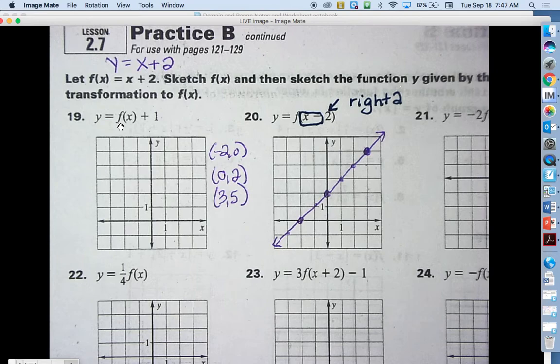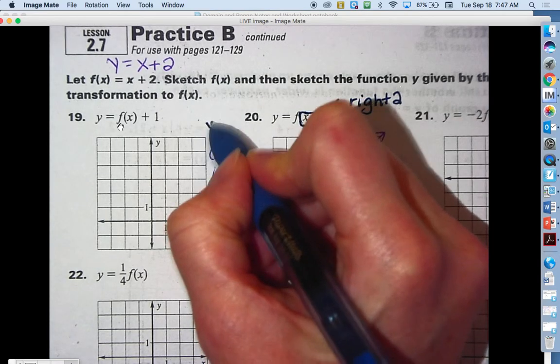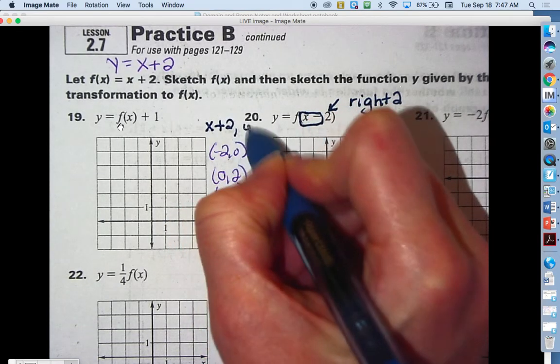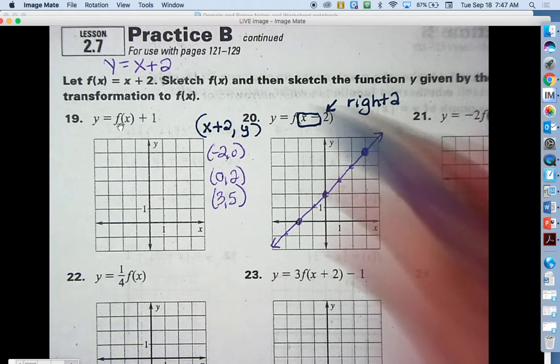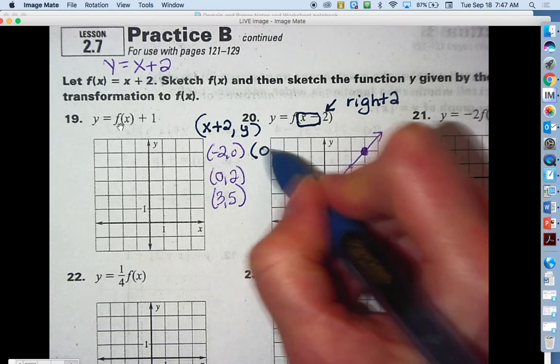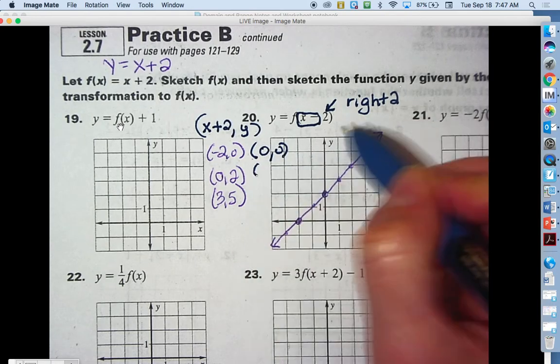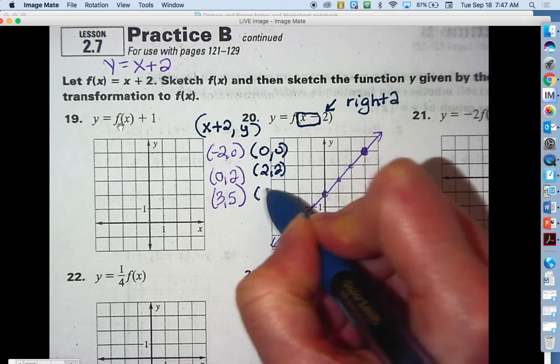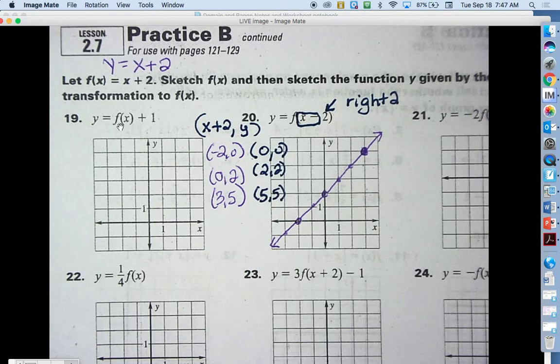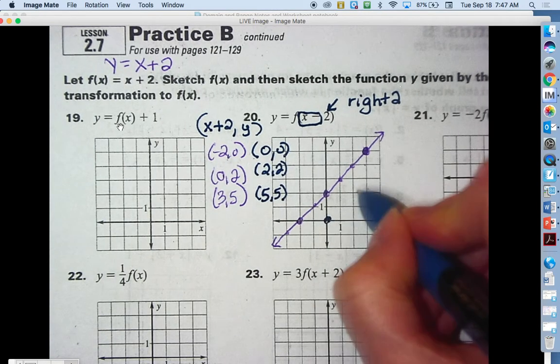So if the graph moves to the right, that means you're taking x and adding 2 to that value. The y stays the same. So if I'm taking x and adding 2, my new point is 0, 0. We then have 2, 2. Adding 2, this makes 5, 5. So shift right 2.